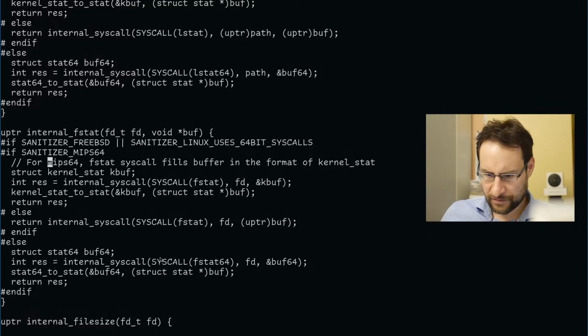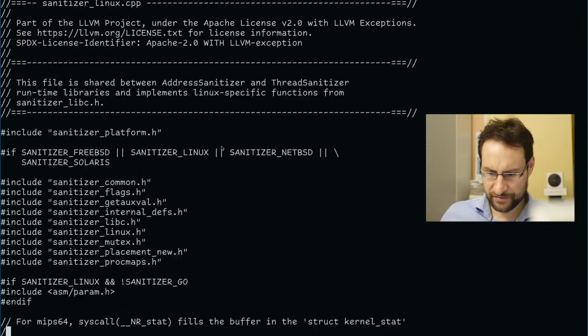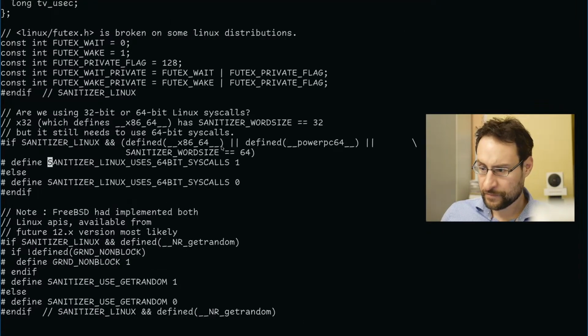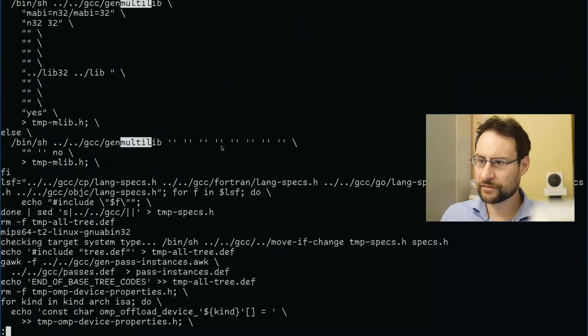So what do we have here instead? So if that or that, so I guess that should be defined, but isn't. If or, okay, here is 32 or 64 with Linux kernel system calls. Maybe nobody ever tested that for multi-lib access.